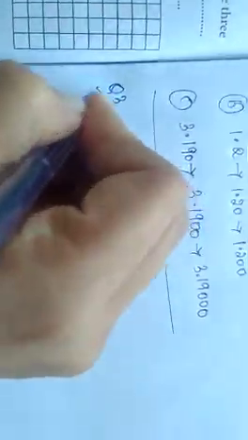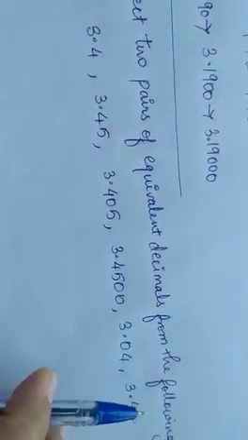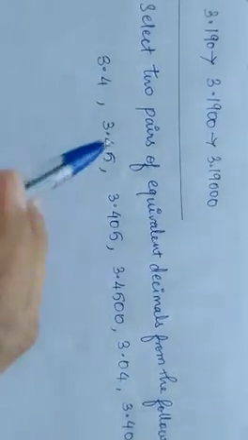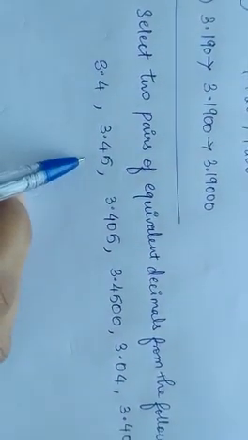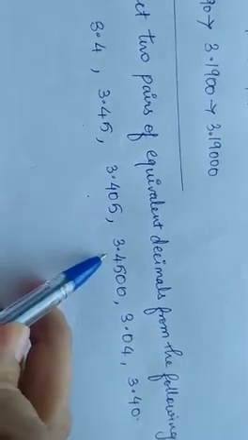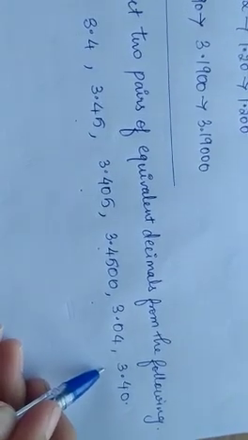Question number 3. Okay, now here the decimal numbers are given. From this we have to search which are the equivalent decimal numbers. That is 3.4, 3.45, 3.405, 3.4500, 3.04 and 3.40.